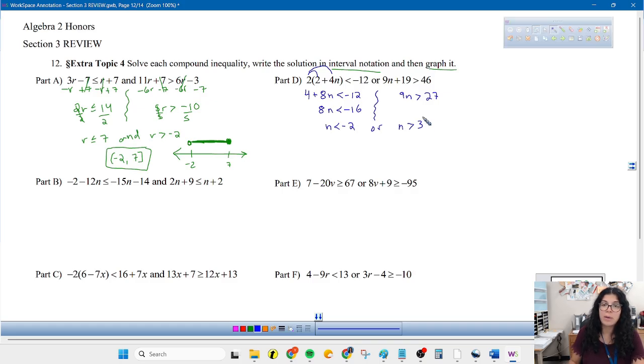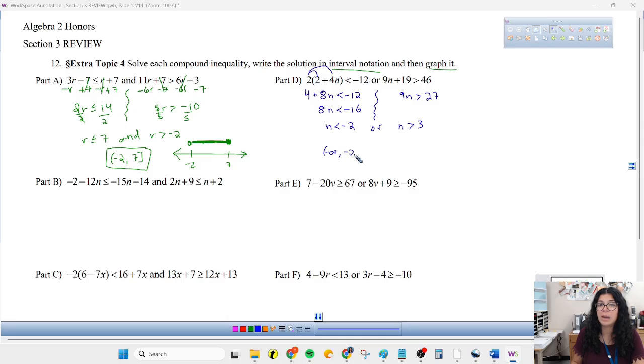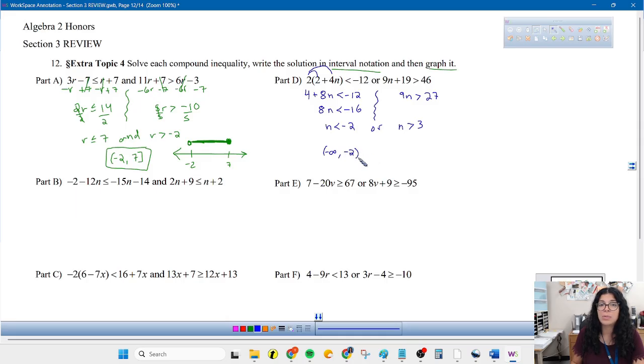Since we are looking for numbers that are less than -2 or greater than 3, those are two separate inequalities. So we're going to have from -infinity up to, but not including, -2. All of those numbers are a solution, or the other part of the solution is from 3, not including 3, all the way to infinity.